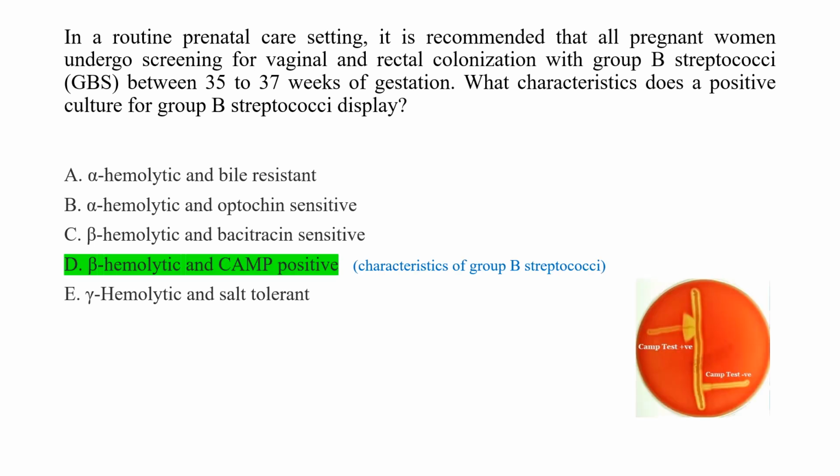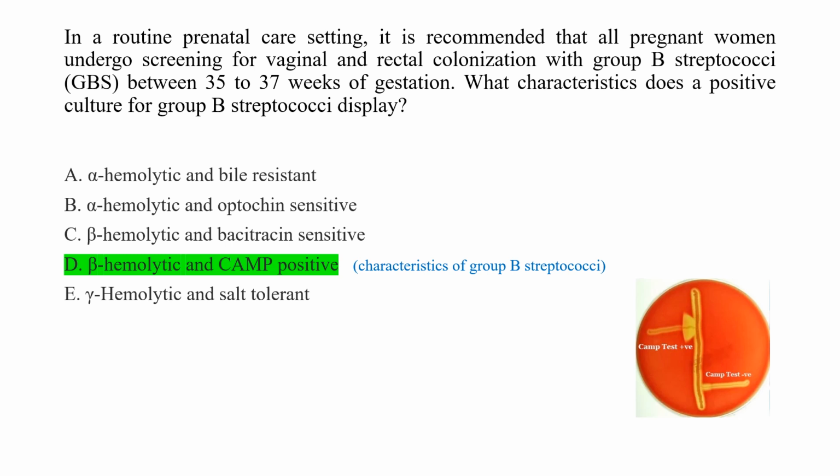The correct option here would be D. Beta hemolytic and CAMP positive, which are characteristic of group B streptococci. Beta hemolytic refers to the complete lysis of red blood cells, forming a clear zone around bacterial colonies on blood agar.